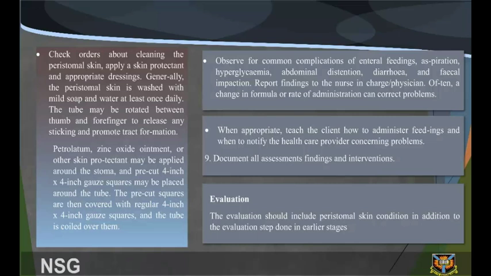When appropriate, teach the client to administer feedings and when to notify the healthcare provider concerning problems. Document all assessment findings and interventions. Evaluation: the evaluation should include peristomal skin condition, in addition to the evaluation steps done in earlier stages.